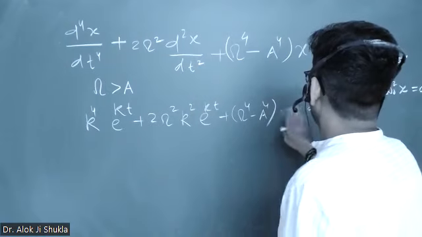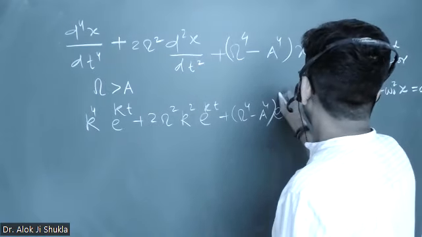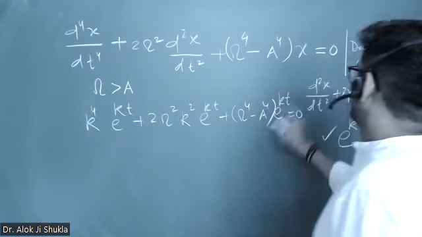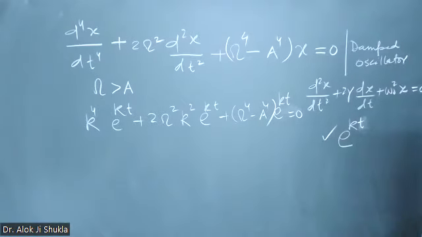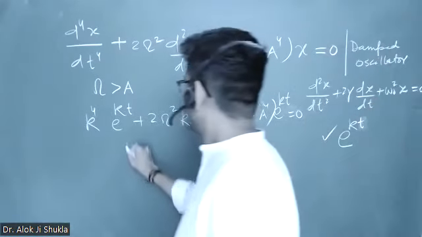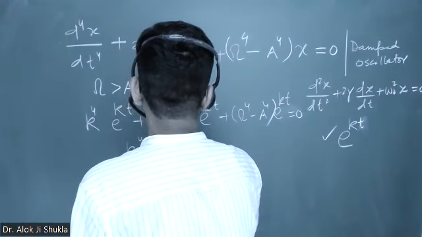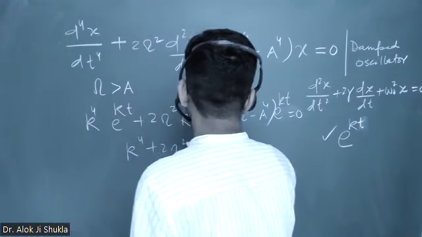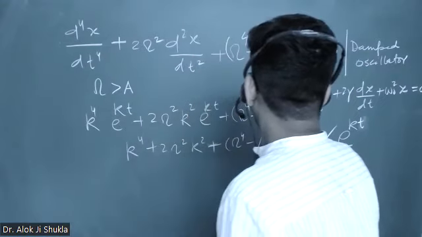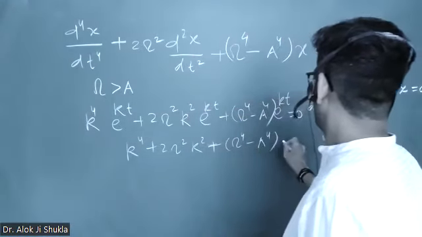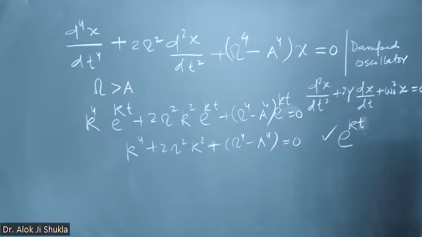This will be e to the power kt is equal to 0. Now you will get a relation which is k to the power 4 plus 2 omega square k square plus omega to the power 4 minus a to the power 4 is equal to 0. Like we used to get the auxiliary equation, we get a similar equation.